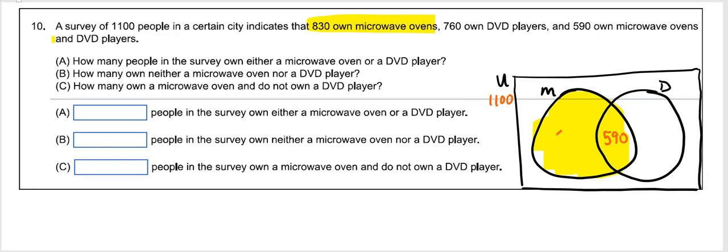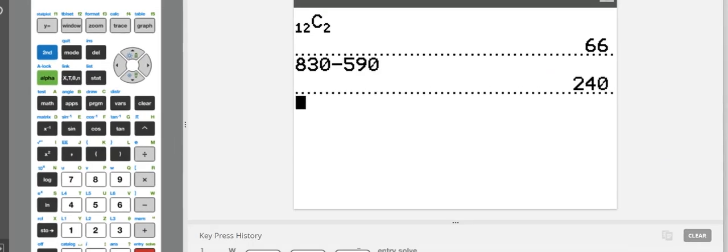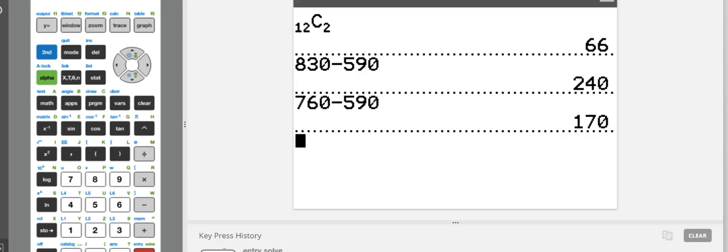So 240 go here. All right. Now, 760 own DVD players, so we need 760 to be in the D set. We already have 590, so 760 minus 590 is 170.